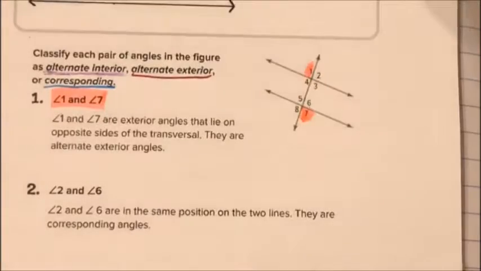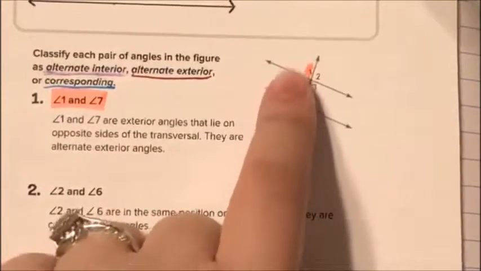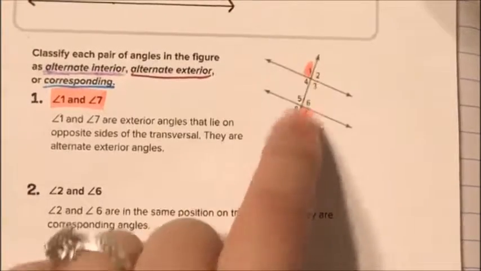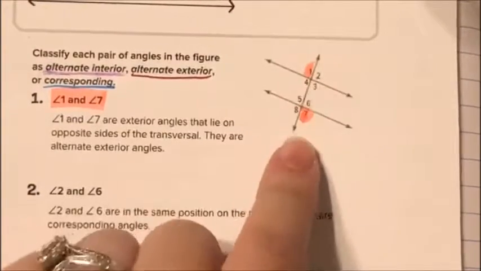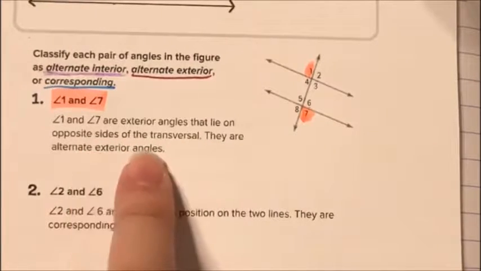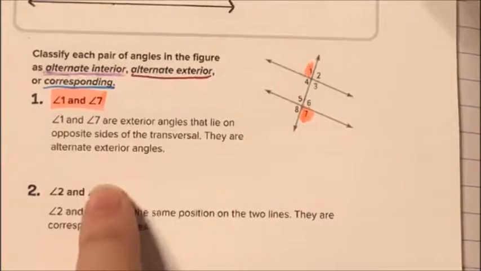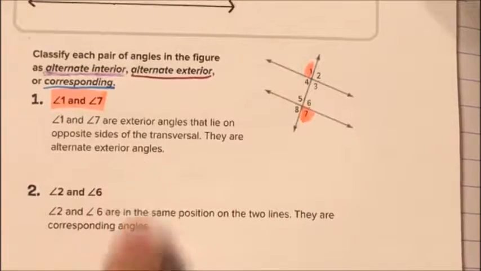By looking at where they are, you can see they're on the outside, so they're exterior angles, and they're alternate from each other. They're not right across from each other. So 1 and 7 are exterior angles that lie on opposite sides of the transversal. Remember, this line is the transversal.